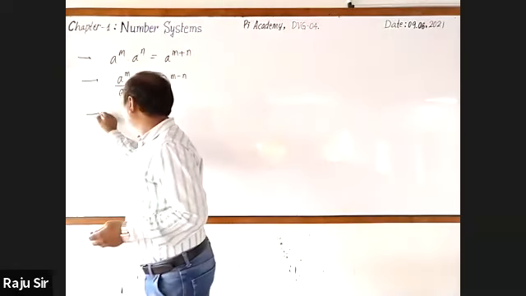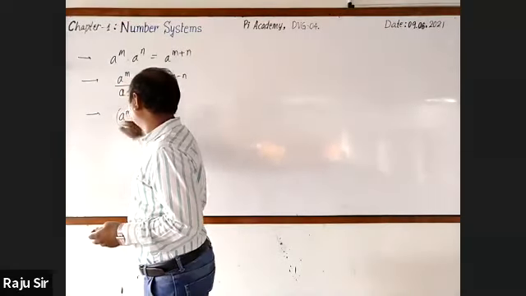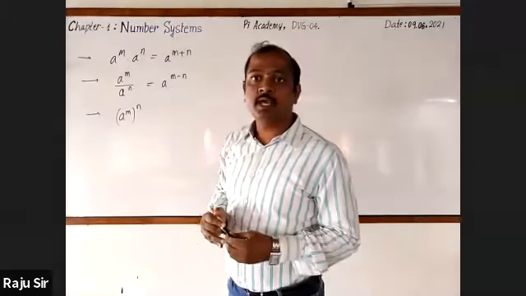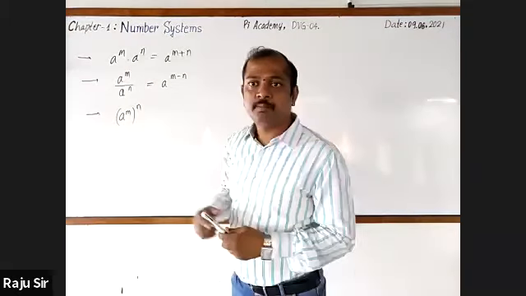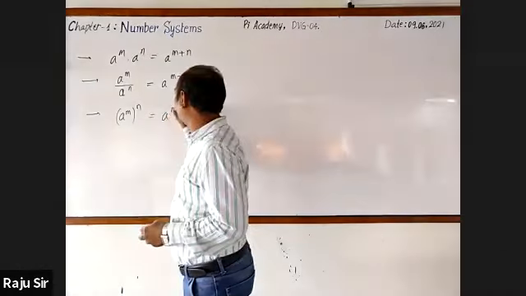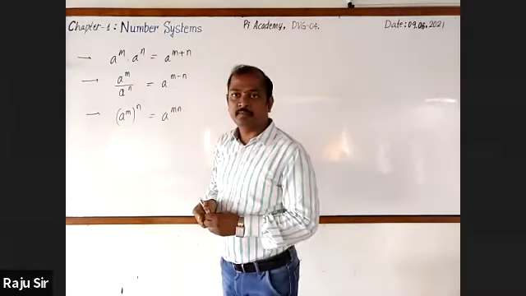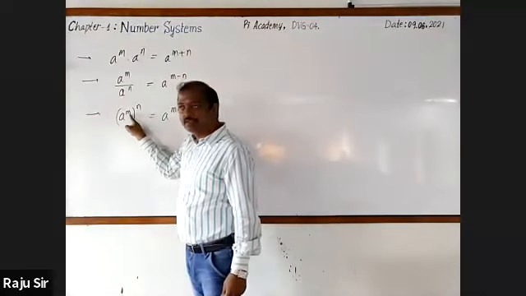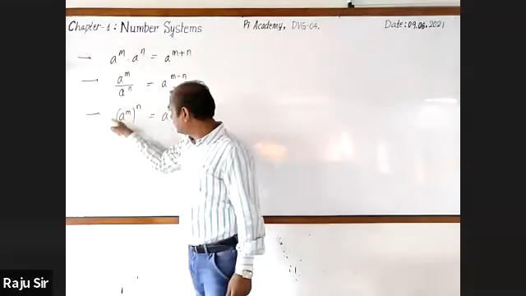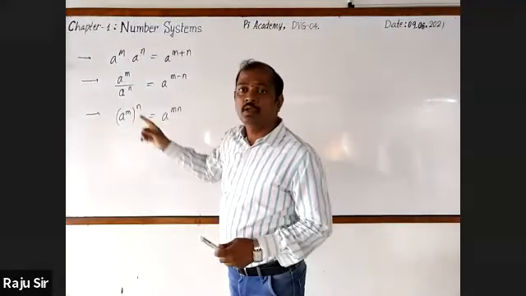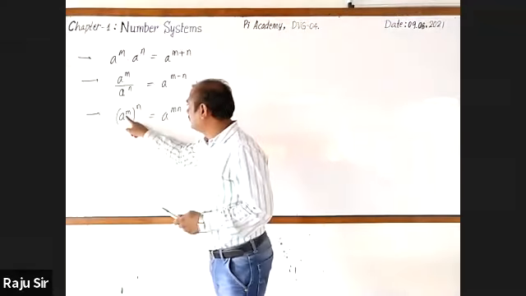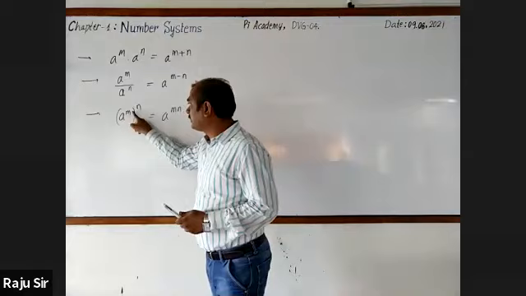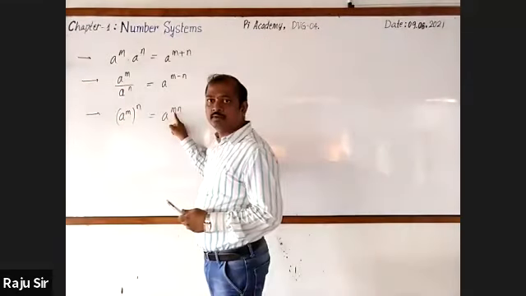The third one: a raised to the power m, whole raised to the power n. This can be written as a raised to the power m into n. Observe, your base is a, and the powers are m as well as n. Under such a condition, you multiply only the powers, that is, m and n.